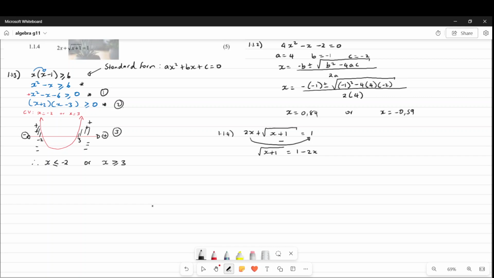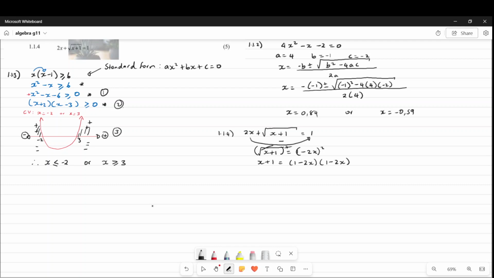Now the next step will be to remove the square root. So you're going to square both sides. The square root cancels out, so you'll have x plus 1 is equal to (1 minus 2x) times (1 minus 2x).